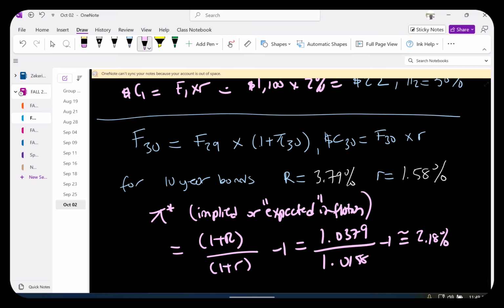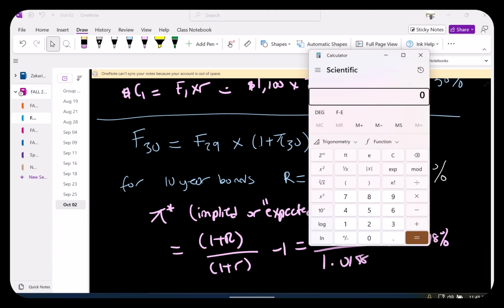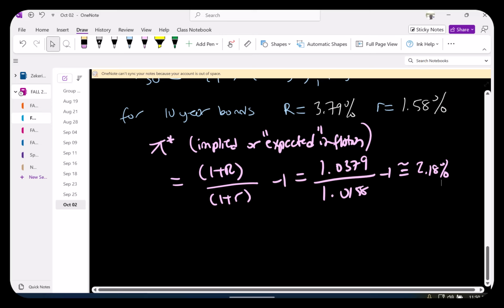If I did approximate, we would have gotten 2.21. As you can see, the approximation error is relatively small.